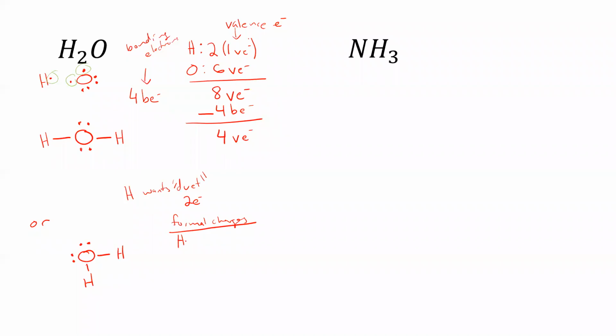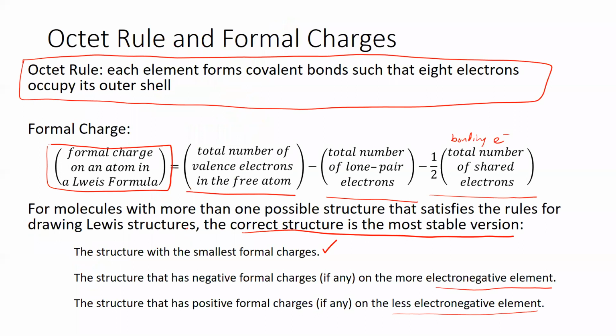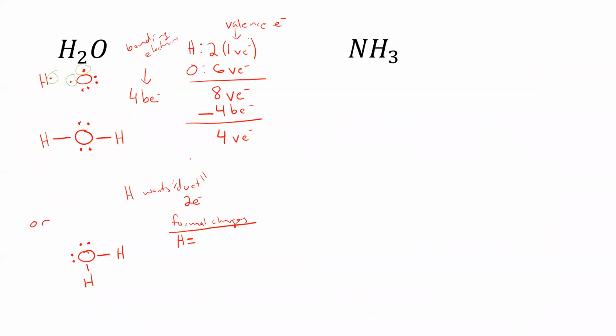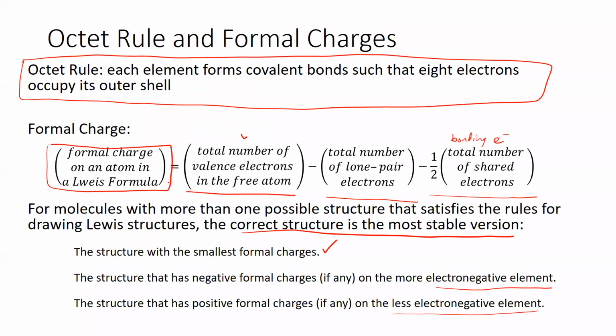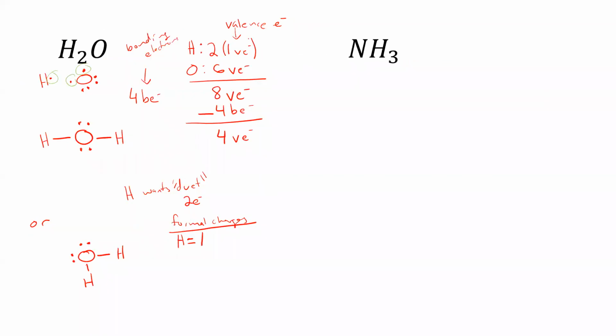Okay, so for hydrogen and oxygen, hydrogen's formal charge will equal the total number of valence electrons in the free atom. So for hydrogen, there's 1 valence electron in a hydrogen atom, minus the total number of lone pair electrons. Each lone pair counts as 2 in this calculation. But notice each hydrogen has no lone pairs of electrons on the hydrogen atom.